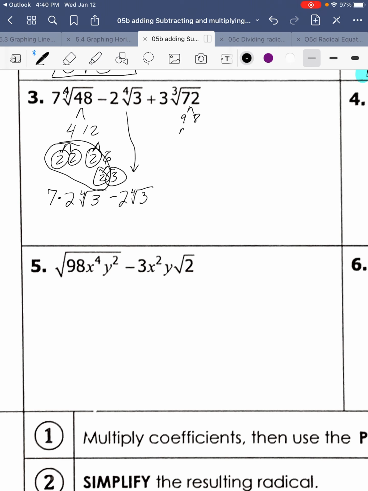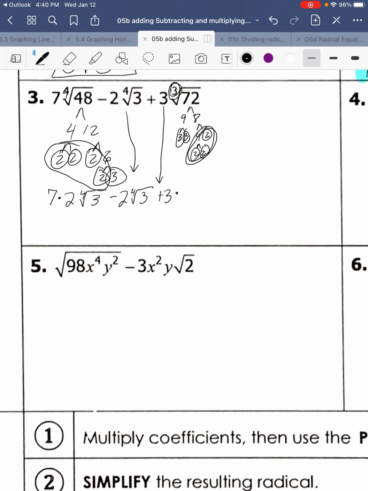72 is 9 and 8. 3 and 3. 4 and 2. 2 and 2. And there are no, oh, it's a cube root. Cube root. We can do this. So the 2 comes down, and 3 is going to come down, plus 3.